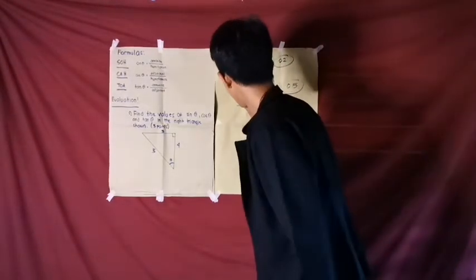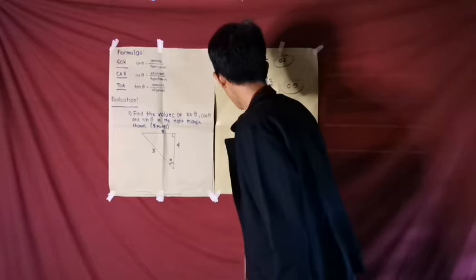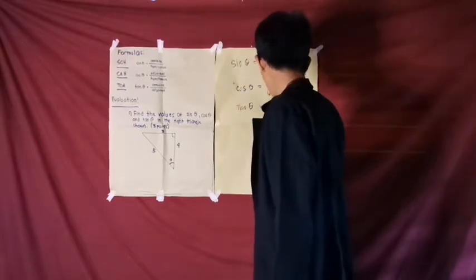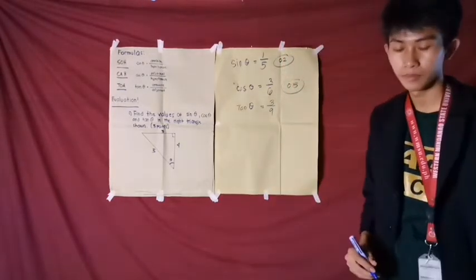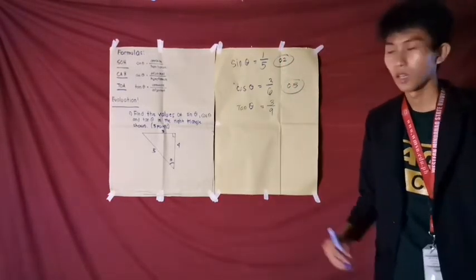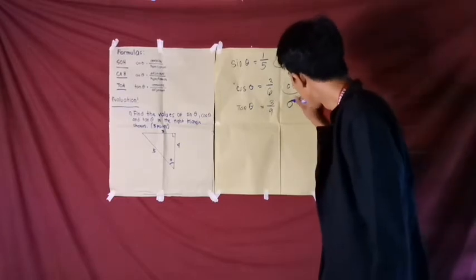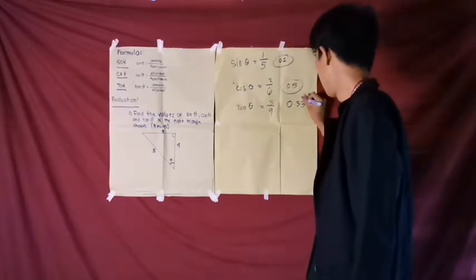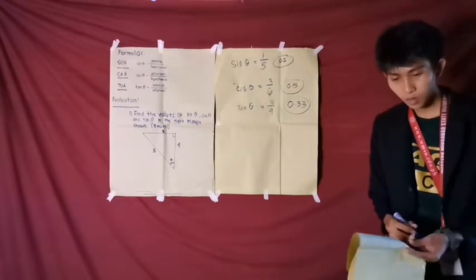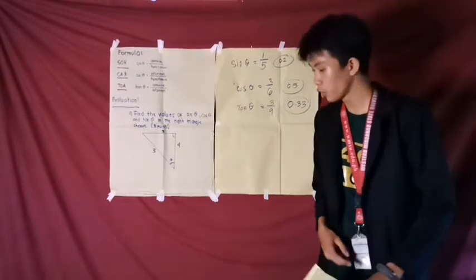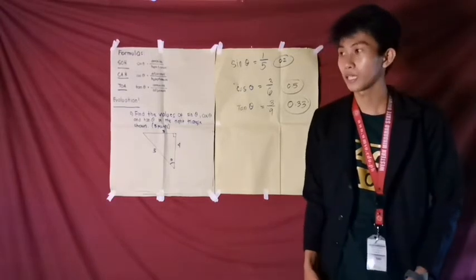Another: 3 over 9. Okay? 0.33. Okay, correct. So, I see that you are now ready to answer my activity for today.